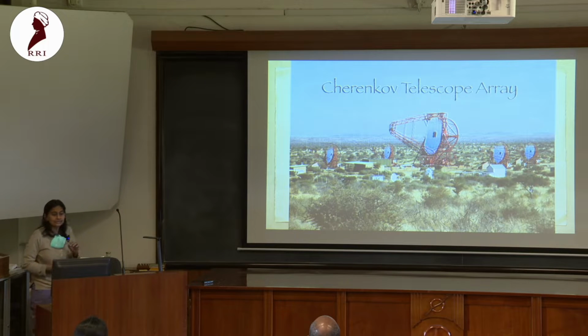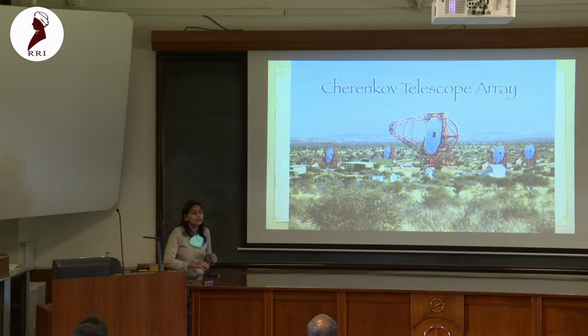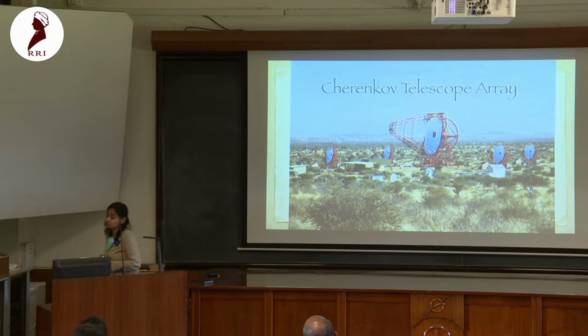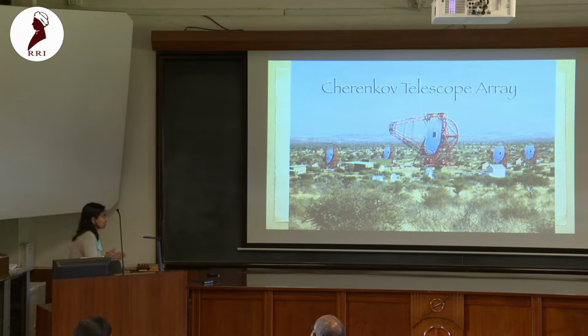Now this detector is another gamma ray telescope which will make a lot of difference in the next few years. This is the Cherenkov Telescope Array. This is under construction and also started taking some data for their calibration.